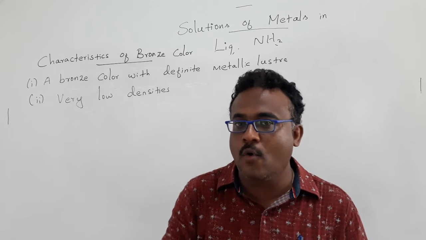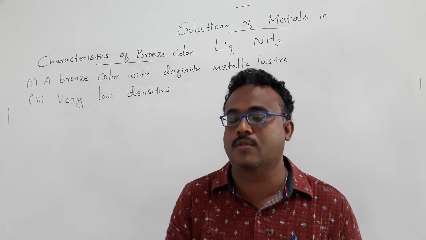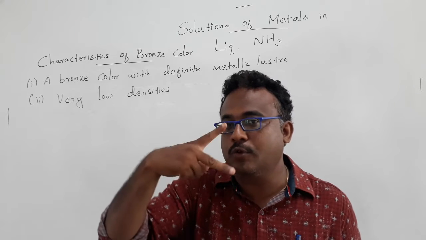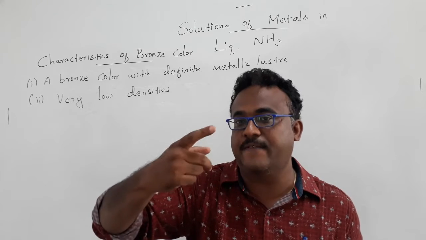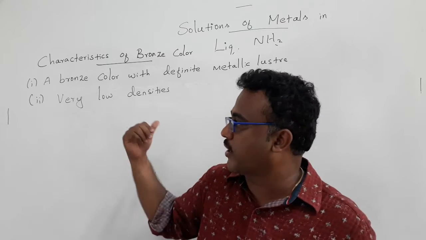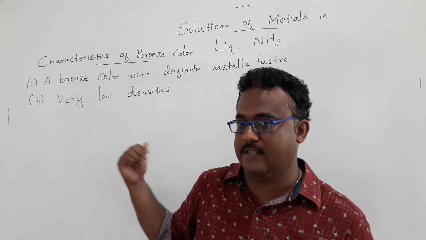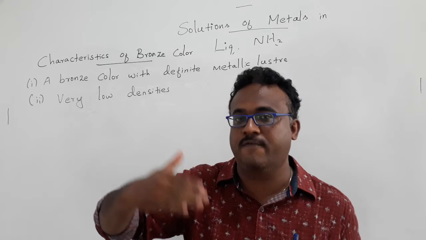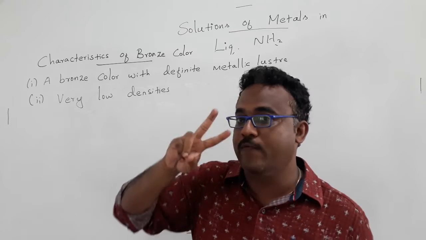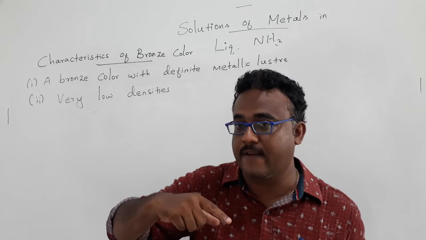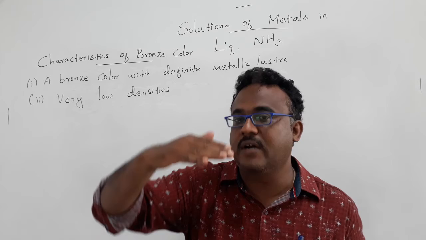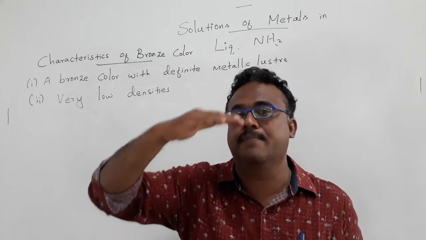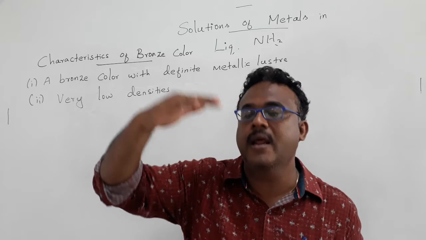When you add more amount of metal to the blue color solution, there will be creation of two phases. One is the blue color phase, another one is the bronze color phase. I am talking about the features of the bronze color phase now. When you add more metal, the blue color phase concentration will come down and the bronze color phase concentration will keep on increasing.